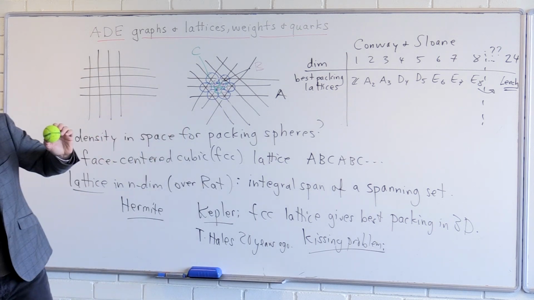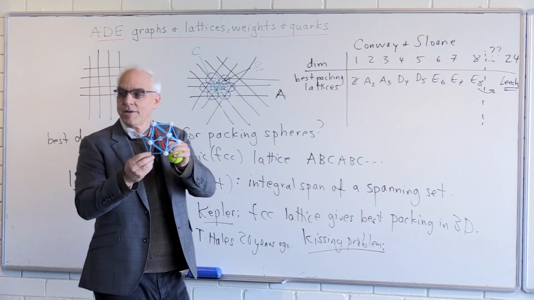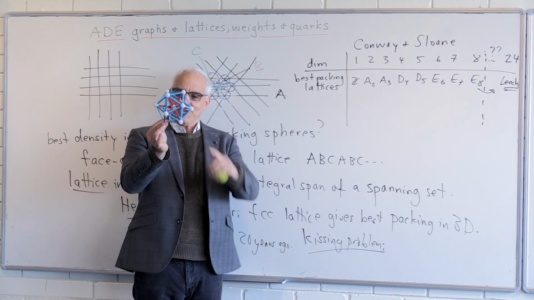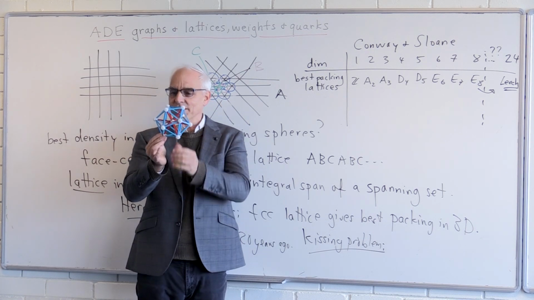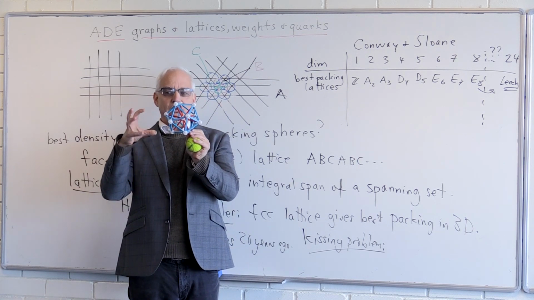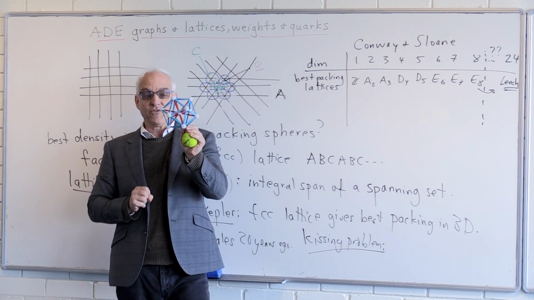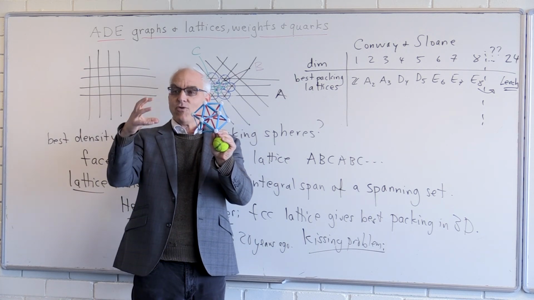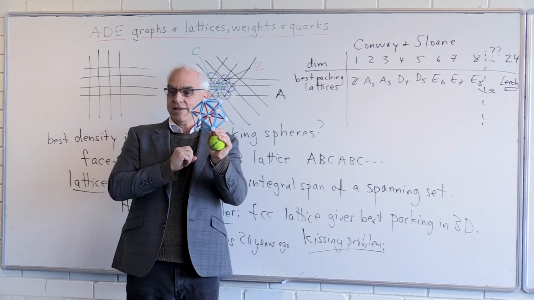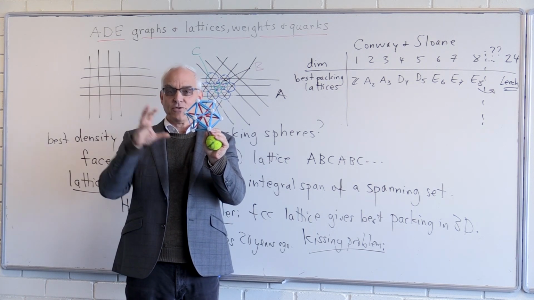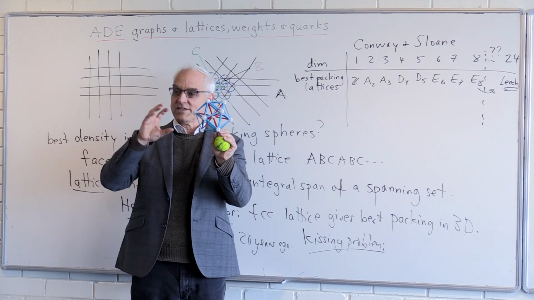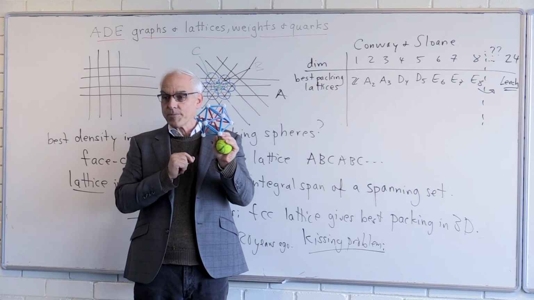One way of solving that is to take the icosahedron. Here's the icosahedron, and there's a central sphere, and there are 12 around it. If you imagine gradually blowing up the sizes of these spheres, at some point the 12 outside ones will all touch the inside one, so you'll have 12 outside spheres touching the central sphere.